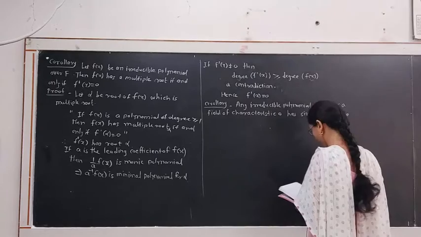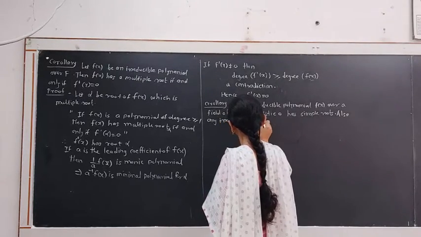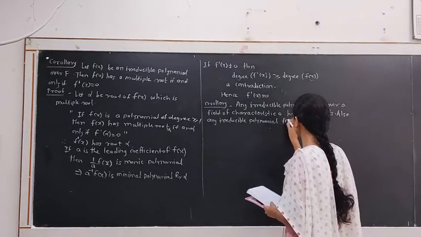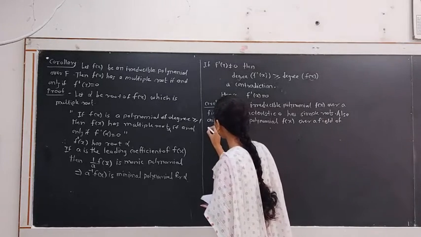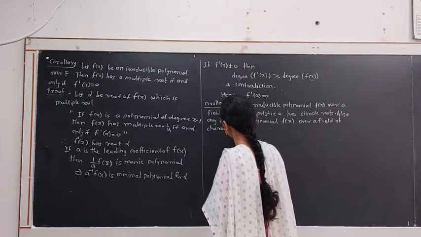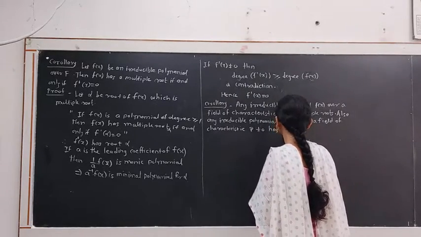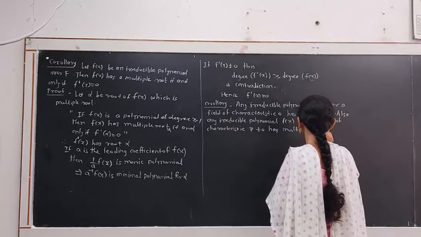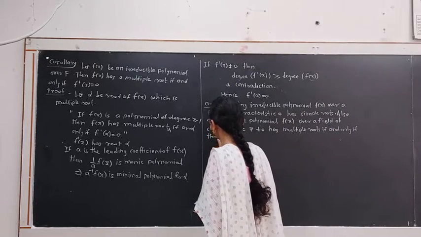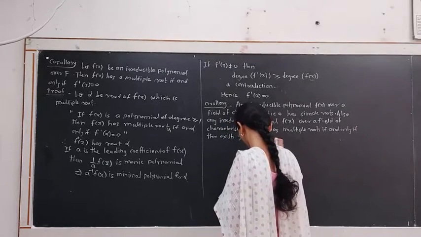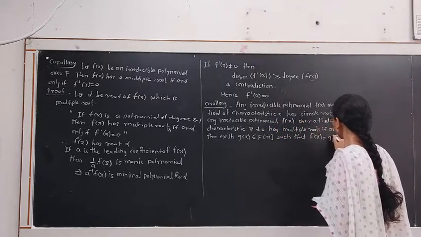Also, any irreducible polynomial f(x) over a field of characteristic prime number p, not equal to 0, has multiple roots if and only if there exists g(x) belonging to the field F[x] such that f(x) is equal to g(x) raised to p.